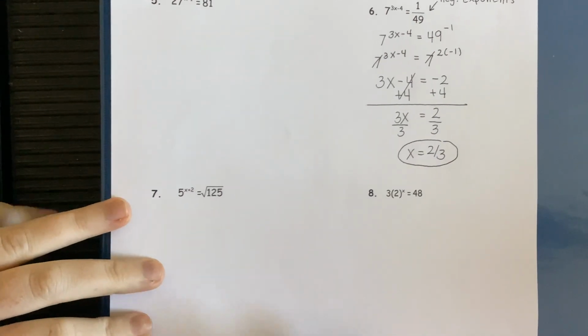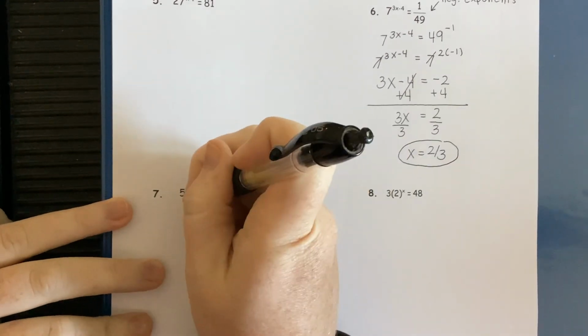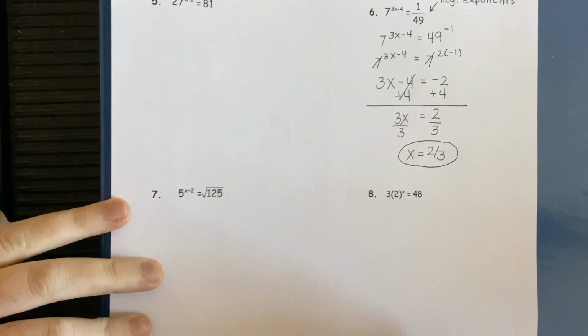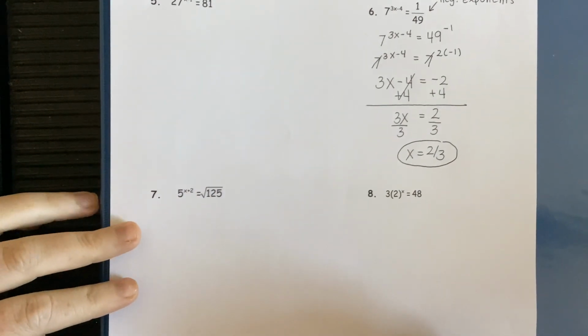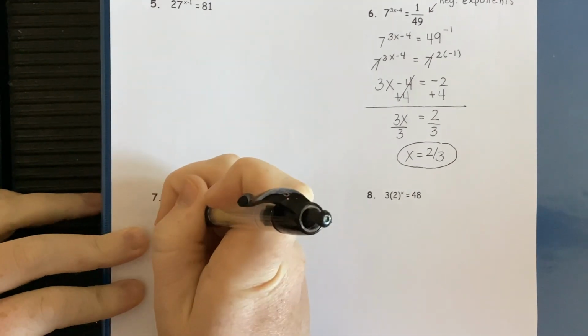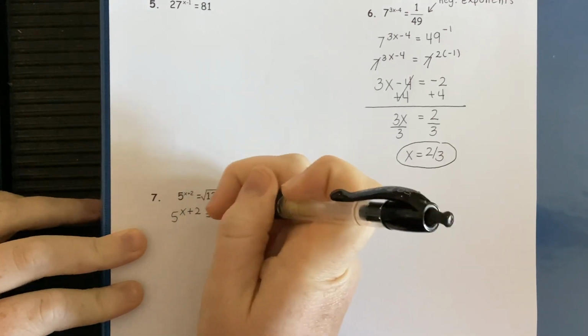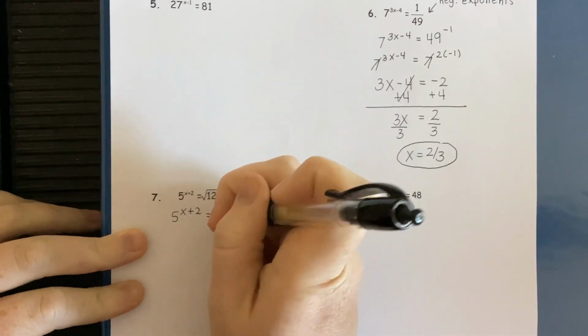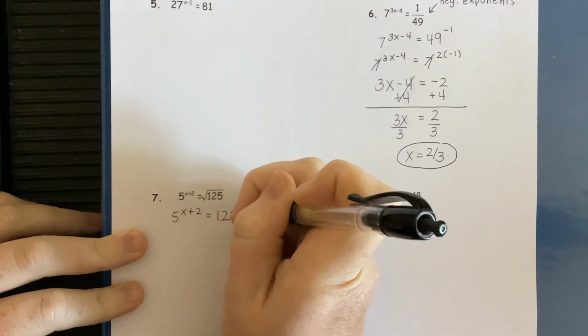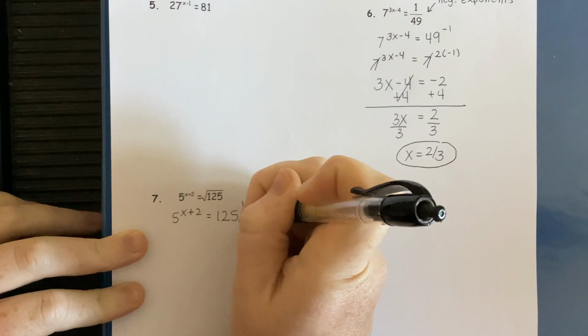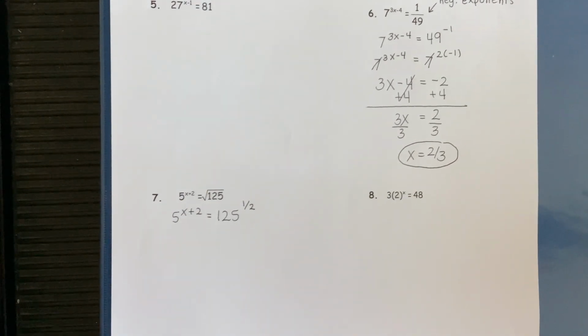So if we come over to 7, now we're thinking about radicals. Remember, radicals, roots, that means that we're going to have fractional exponents. So we're going to keep this side the same. And we know we can rewrite the square root of 125 as 125 to the 1/2 power. Those mean the same thing.